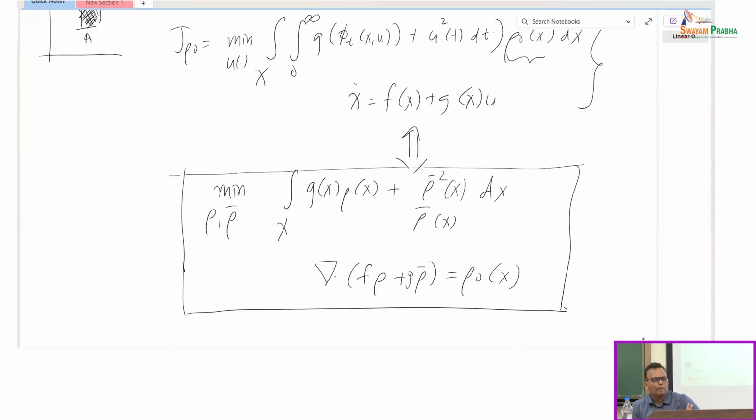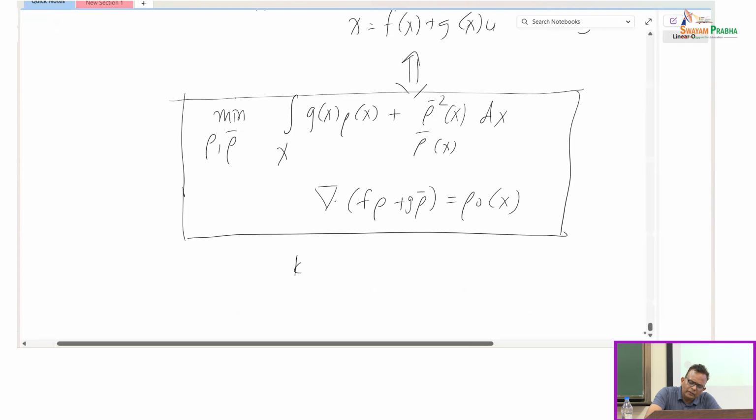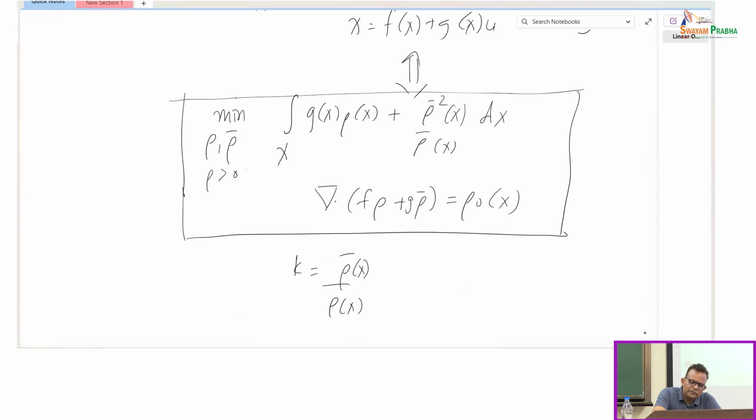So one can rewrite this optimization problem in terms of these new variables rho and rho bar as a convex optimization problem. Once you solve it, you get your K as rho bar over rho. Again, this has to be solved under the constraint that rho is bigger than 0.